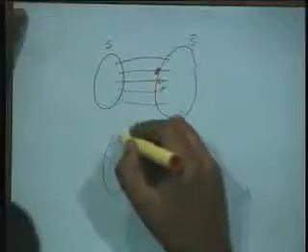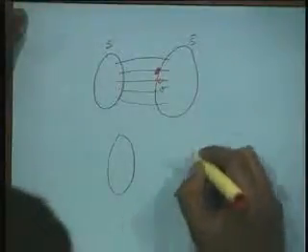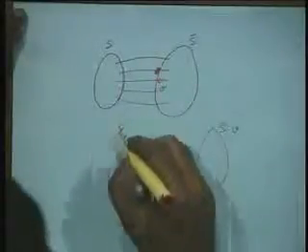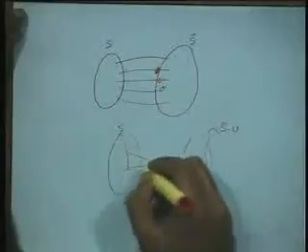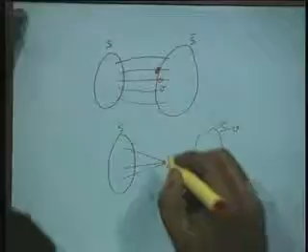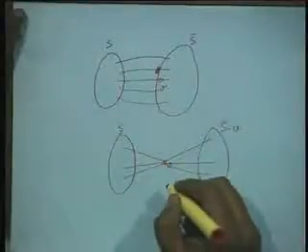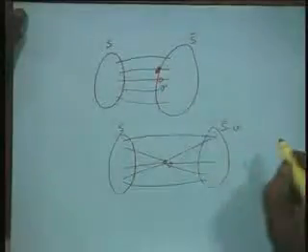Now what is going to happen? V, let me draw it this way now. Some edges are going to go from V to S. Some edges go from V to S complement. There are of course some edges which go from S to S complement.